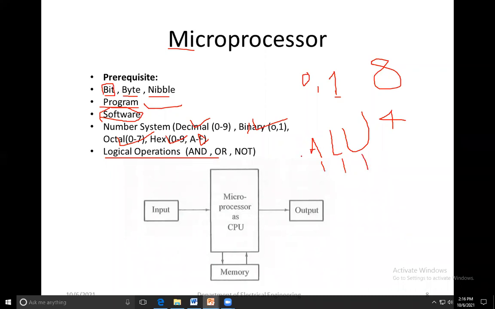Arithmetic instructions mean addition, subtraction, multiplication, and division. Logical operations are AND, OR, NOT. Logical means that if two conditions are true, then you will get the output. Just like in your C program, you use if A is greater than B, then execute the next instruction; if not, then execute the other instruction. These are the logical operations done in your microprocessor.